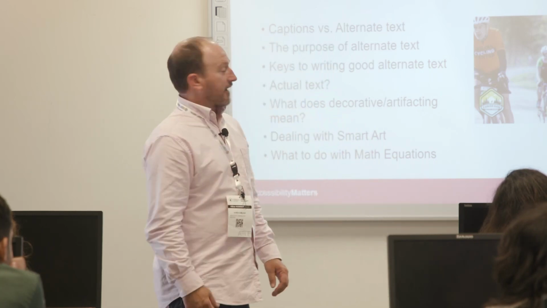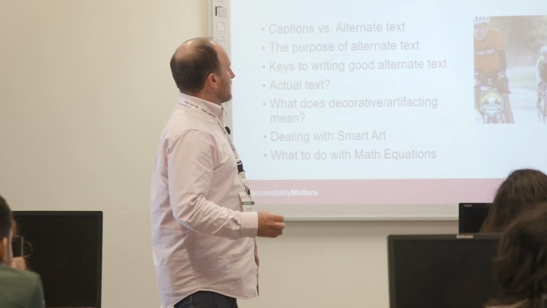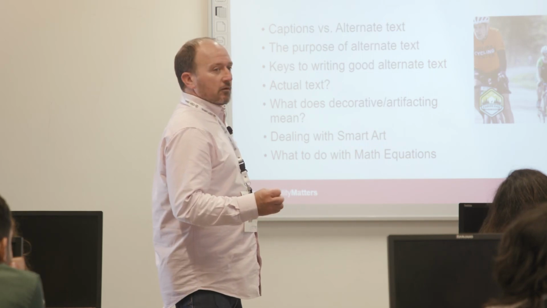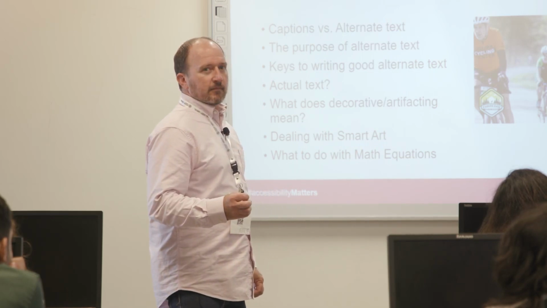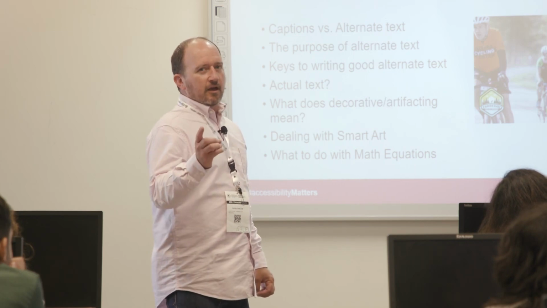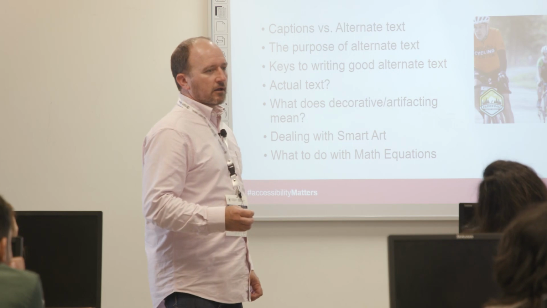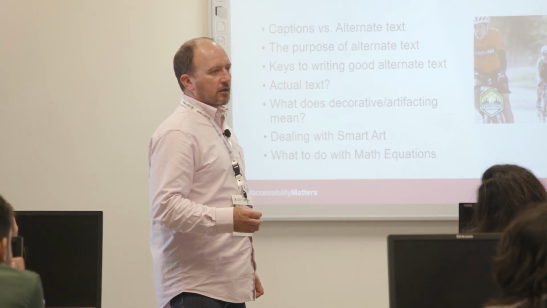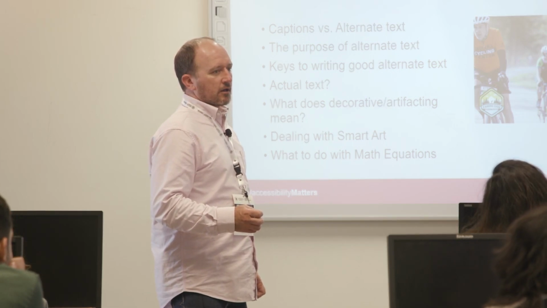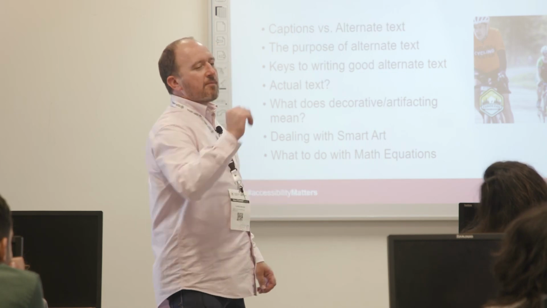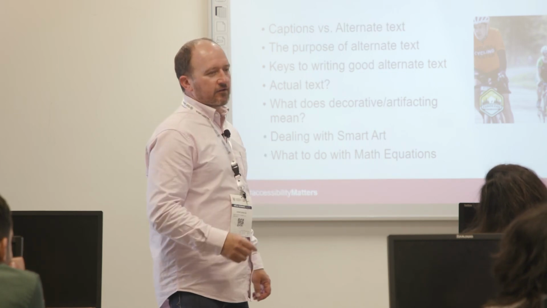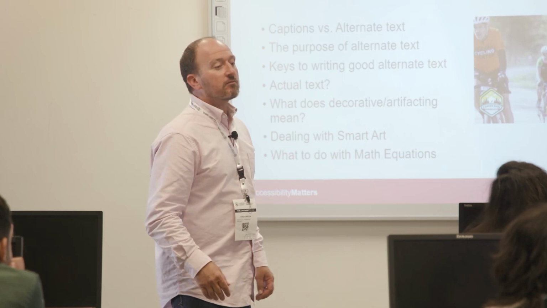Where alternate text would say, probably the same. In this case it might. Caption would be saying like it's taken by some person or whatever. Maybe a caption would say 4 cyclists in a race.